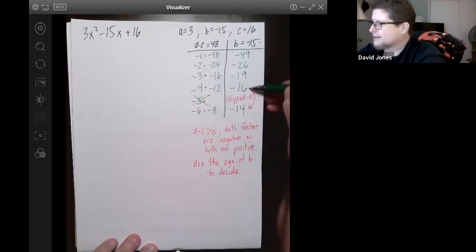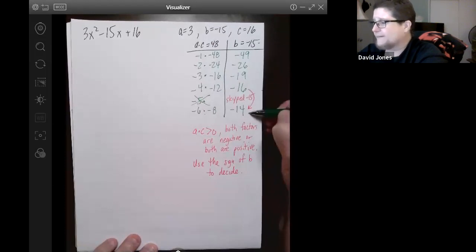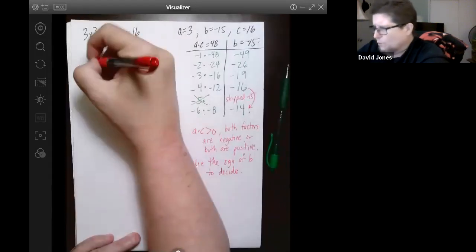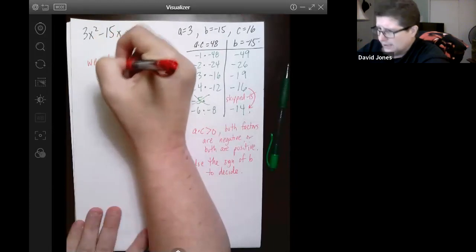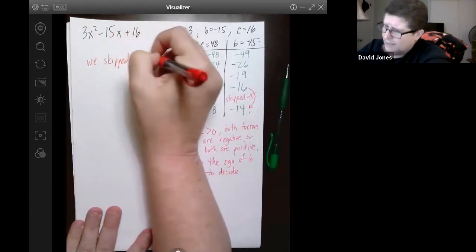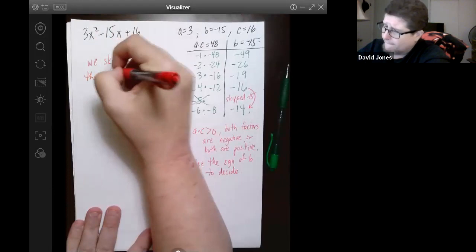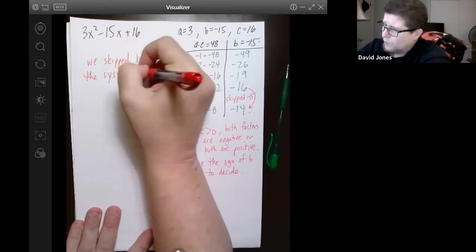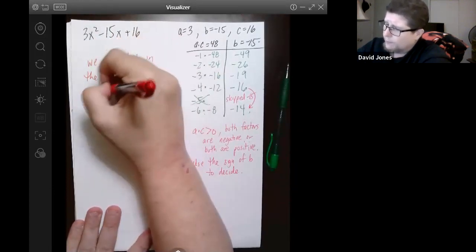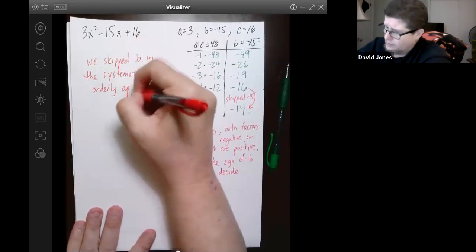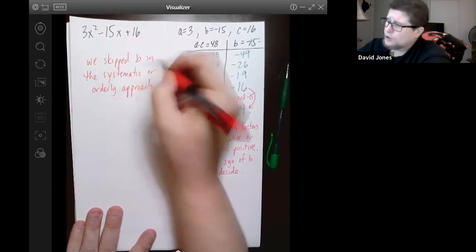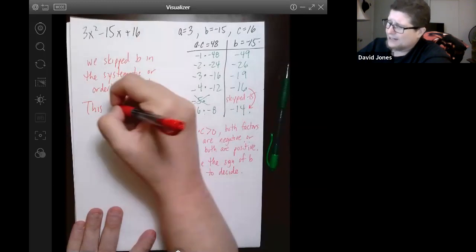The numbers kept decreasing, but we skipped negative 15. We skipped B in the systematic, or orderly, approach, which means this does not factor further.